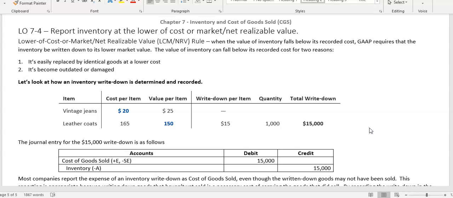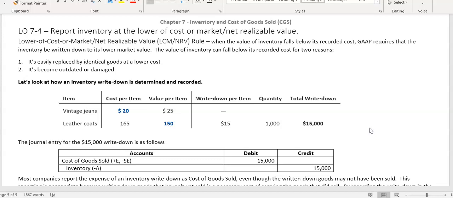And this is a permanent write-down. You cannot write it back up if the value increases later. Now, the value of inventory can fall below what you purchased it for two reasons. Either it's easily replaced by identical goods, which are at a lower cost, or it's become outdated or damaged.